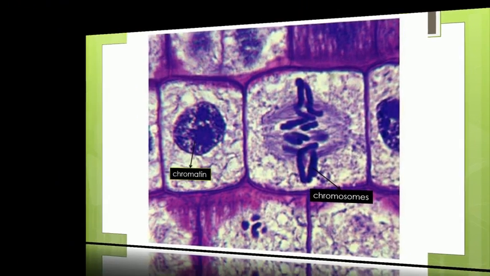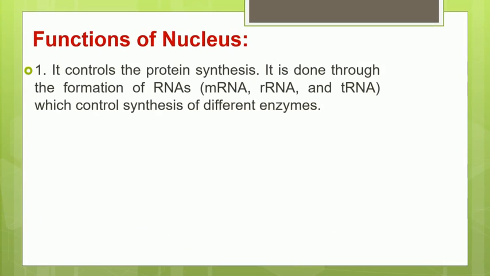Lastly, we will study the functions of the nucleus. So what is the function of the nucleus? It is like a control center of the cell, where it controls very important processes of the cell, that is protein synthesis. How protein synthesis takes place, we have already studied: the ribosomes and RNA are synthesized in the nucleolus, then transported out.